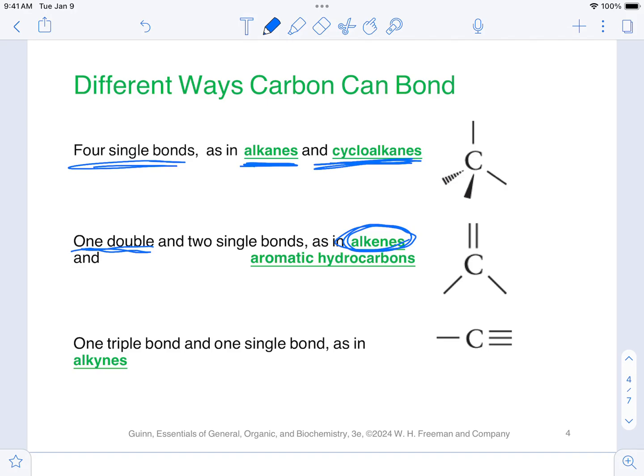We will see our aromatic hydrocarbons are in a lot of things that give off an aroma, such as vanilla. If carbon has a triple bond and a single bond, that is called an alkyne with a Y. So 3 different types. We have alkanes, alkenes, and alkynes, and it's very imperative that you know the difference between the 3.